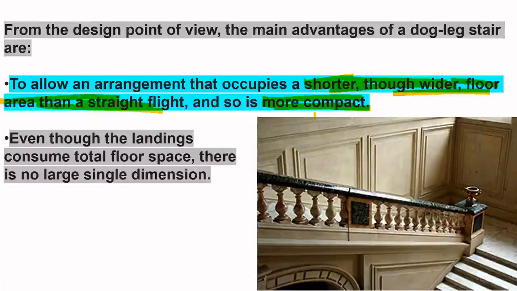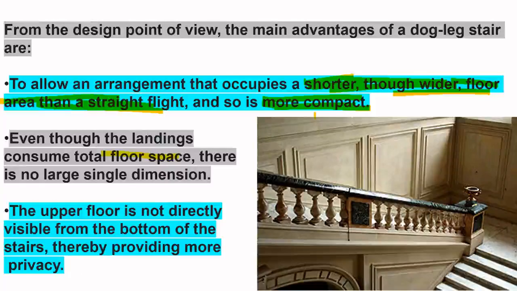Even though the landing consumes total floor space, there is no large single dimension. The upper floor is not directly visible from the bottom of the stairs, thereby providing more privacy. That means if you are providing a single flight, you can easily view it, which will affect the privacy of the people on the top floor.